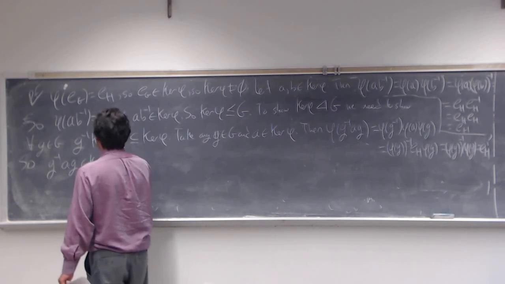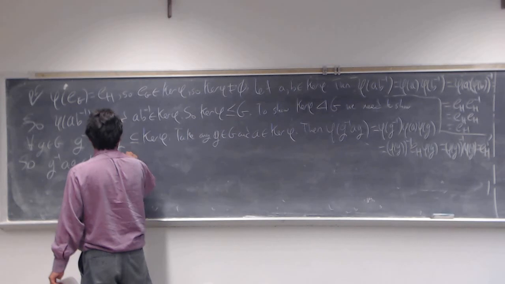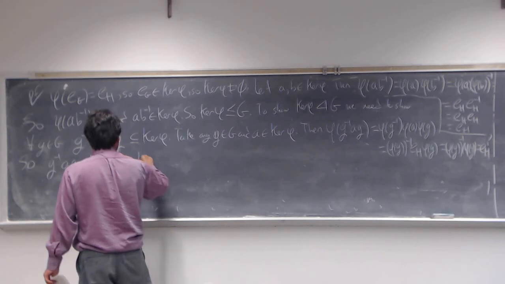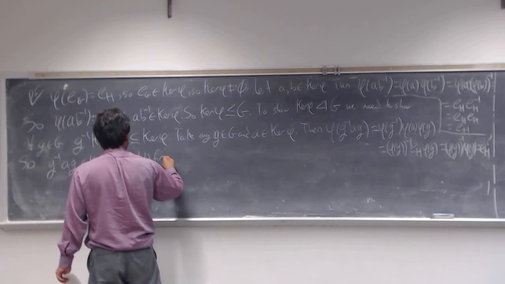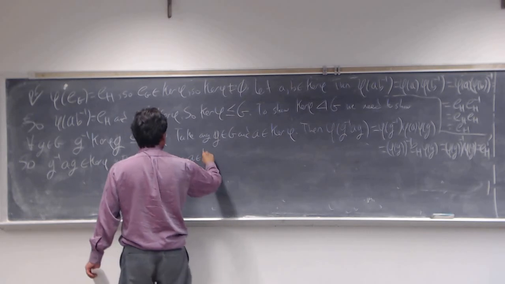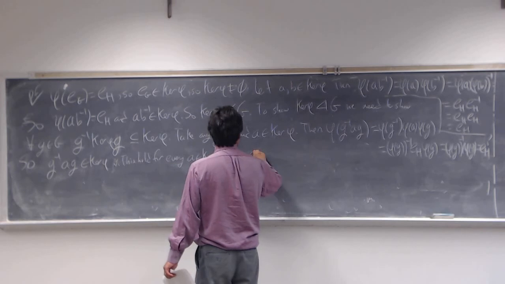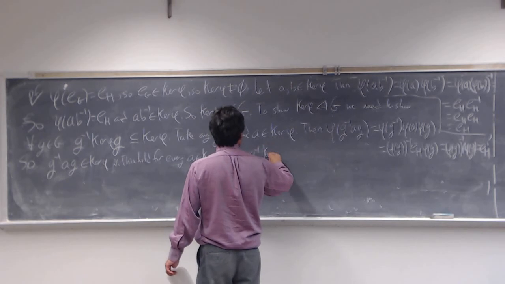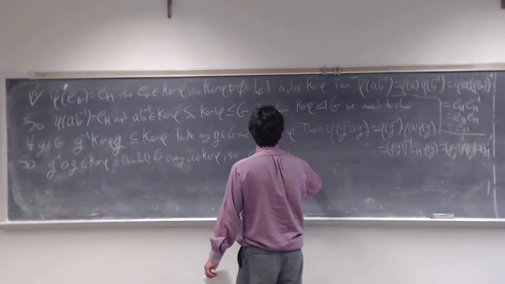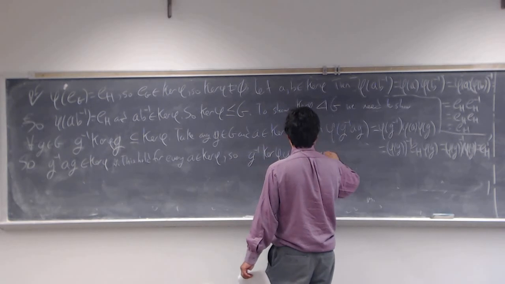So, since that element's in the kernel, this is true. This holds for every A in the kernel. So, G inverse the kernel of phi times G is contained in the kernel of phi.